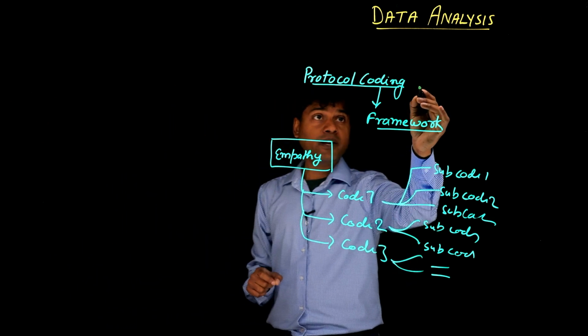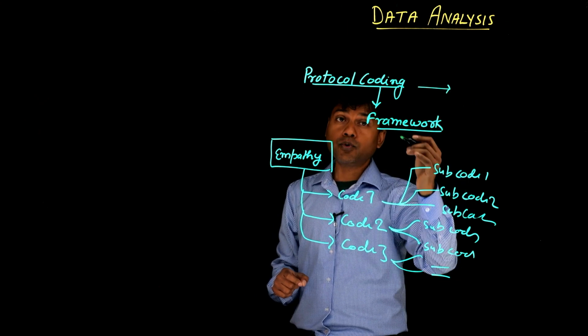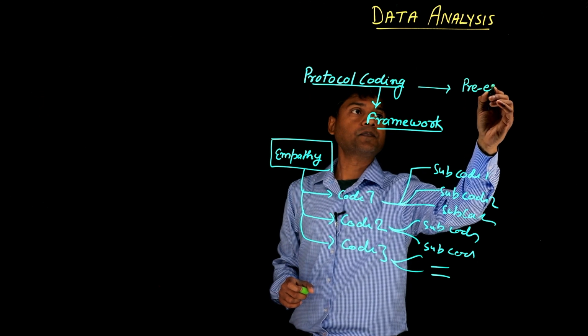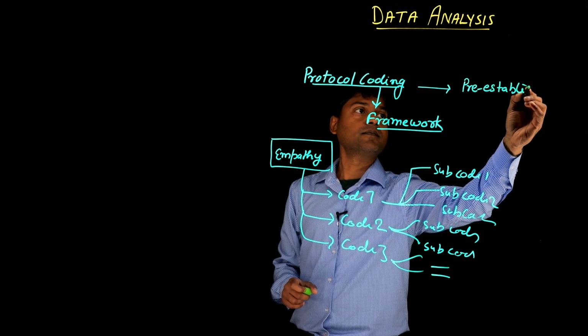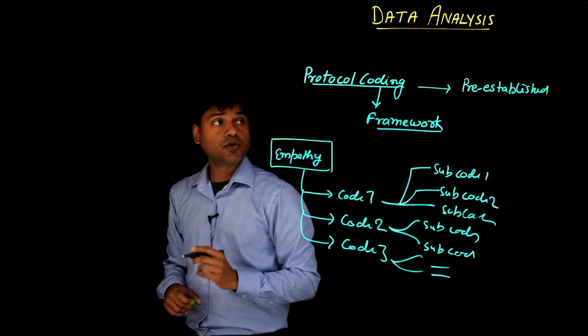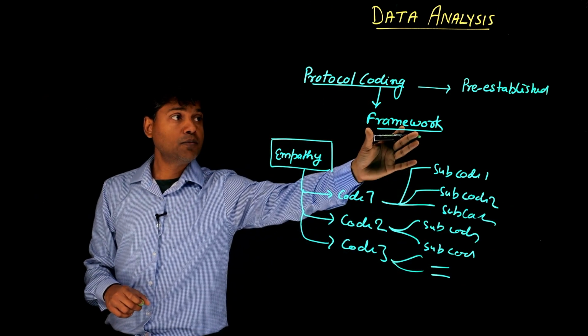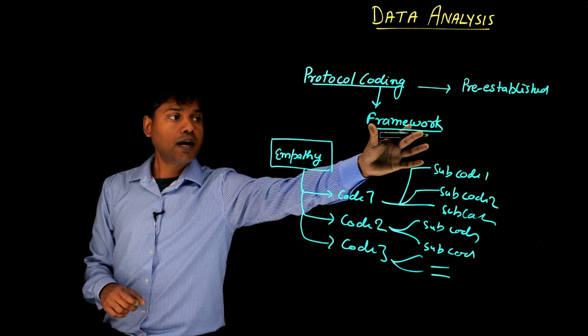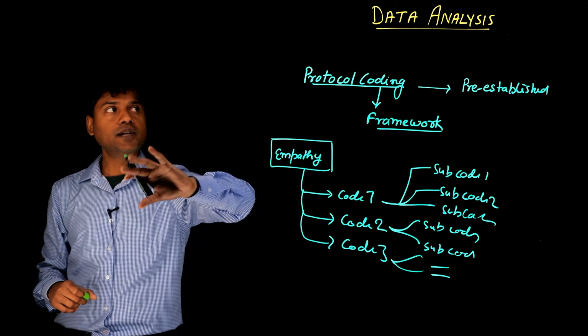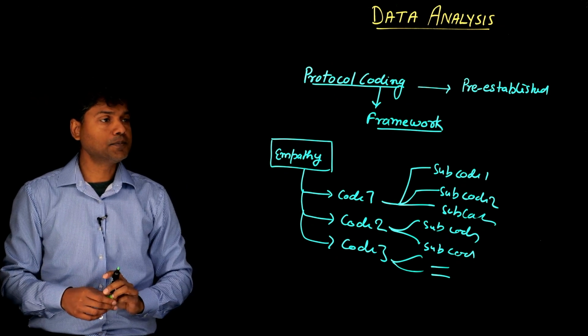A very important thing to keep in mind about protocol coding is the codes are pre-established. These codes are pre-decided. You develop a coding framework and you use these pre-decided codes to code your data, and that's protocol coding.